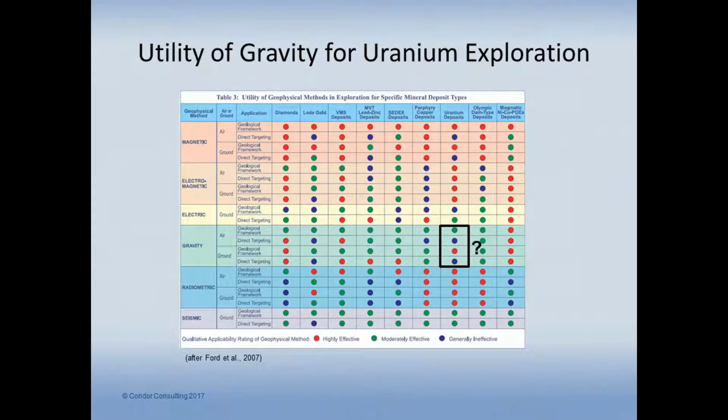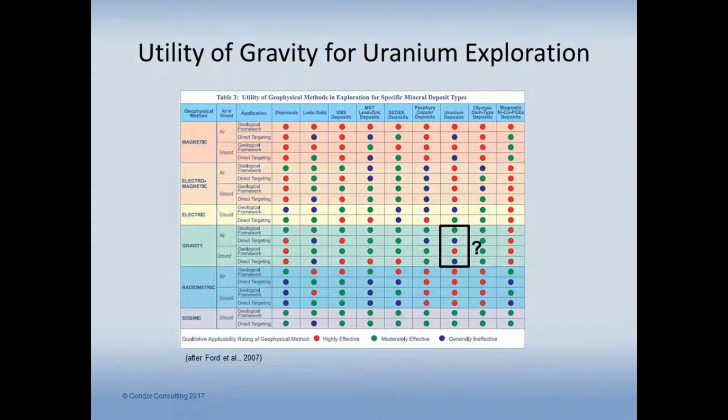So somewhat like OMID, I pulled this chart from the Mineral Deposits of Canada. Under gravity, we're saying that we've only got 2 categories here. We've got essentially direct detection and geologic framework. And I think we kind of omit the detection of alteration that's directly associated with mineralization.